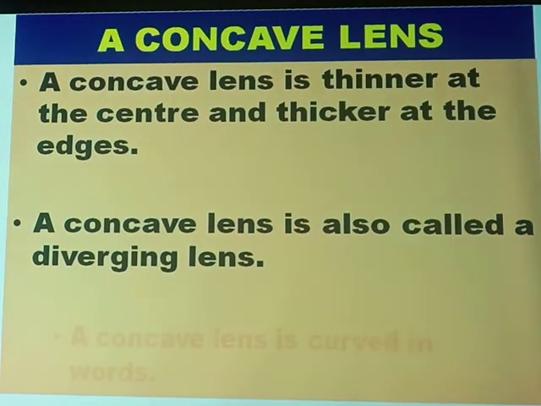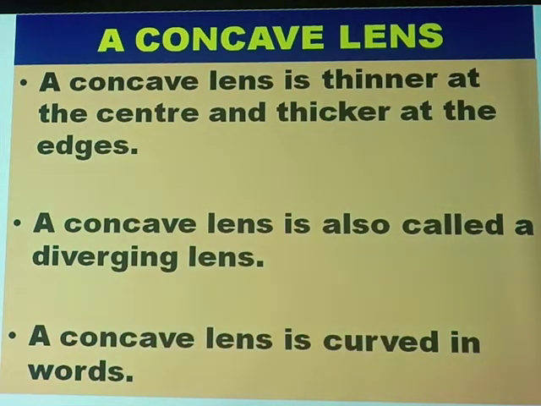But we want to look at another characteristic. We are saying a concave lens is curved inwards. Now, comparing it with a convex lens, which is curved outwards. I repeat, a convex lens is curved outwards, but a concave lens is curved inwards.